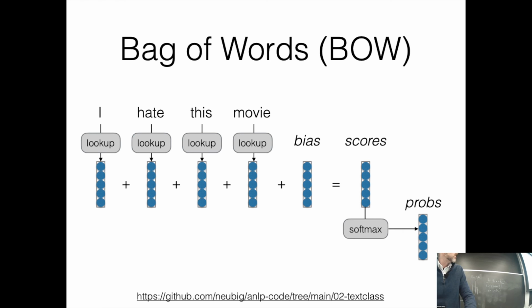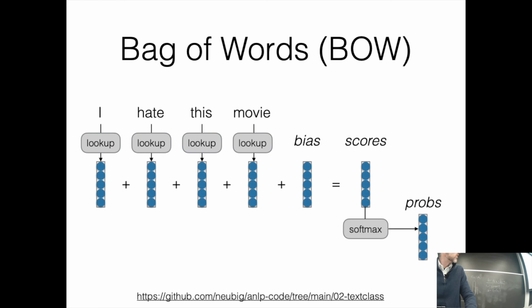These are PyTorch-based examples where you can create the bag of words model, a continuous bag of words model, and a deep continuous bag of words model. All of these, I believe, are implemented in model.py.